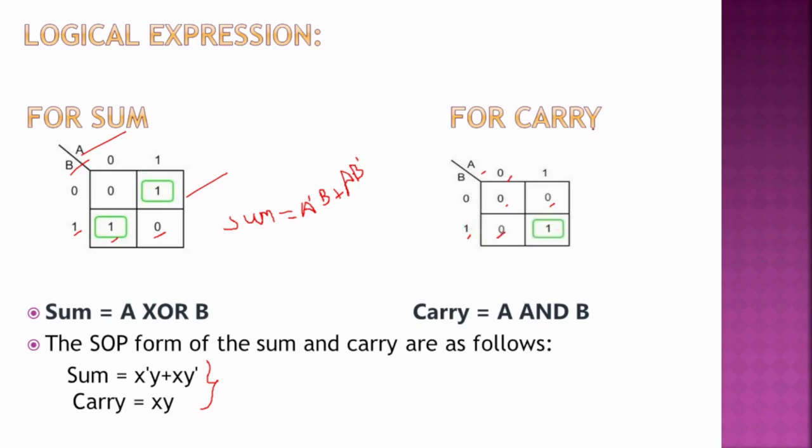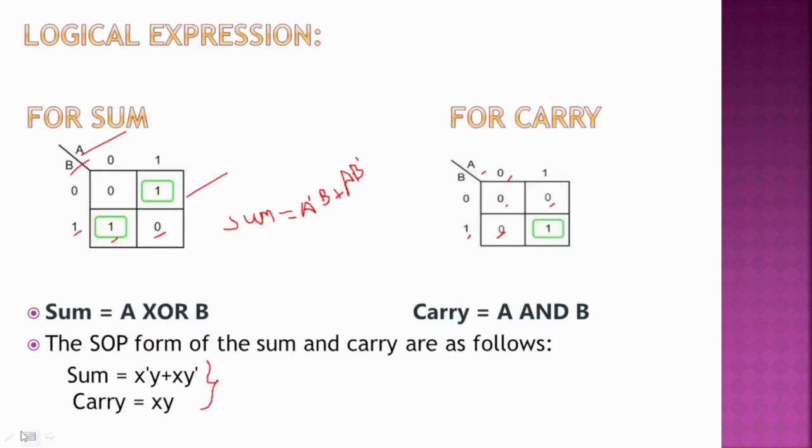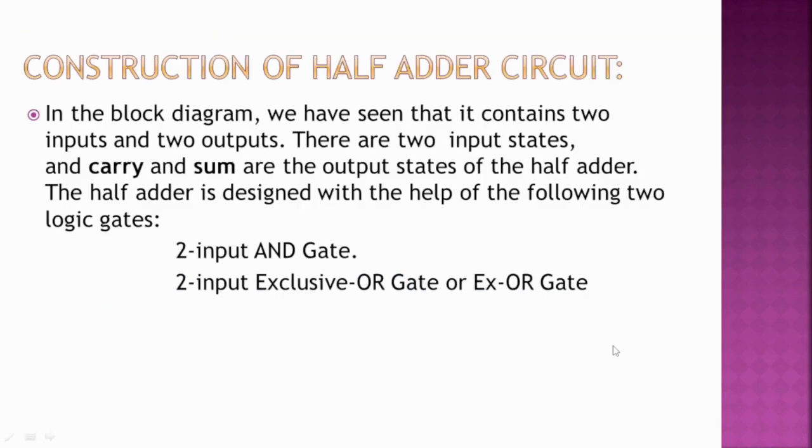Finally, A is 1 and B is 1, you will get a value as 1. See this truth table: A value is 1, B value is 1, so the carry will be 1. For carry, it will be mentioned as AB.